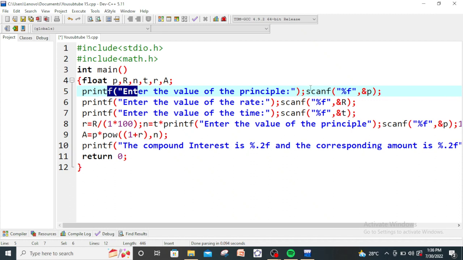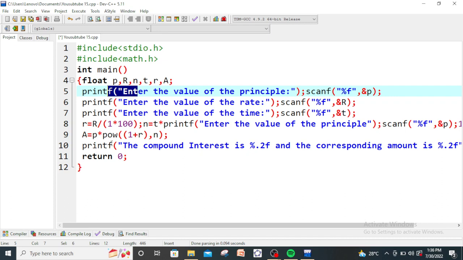The first one is for the principal, and the second is for the rate, and the third is for the time. These things are the same as was in simple interest calculation by C programming. I have already uploaded how to calculate simple interest using C program.